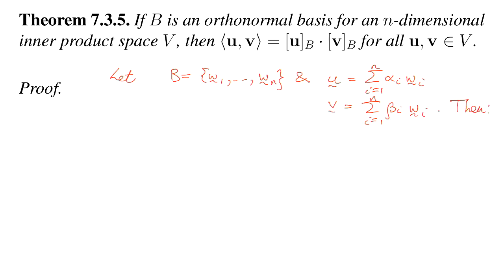Then what do we have? Well, let's just compute the inner product. The inner product of u and v then is the inner product of this linear combination.